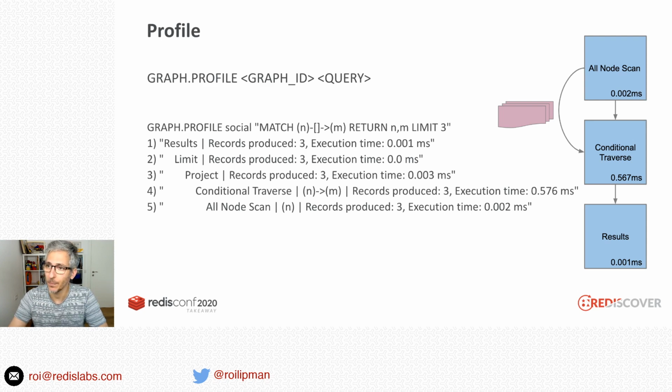In addition, operations use what we refer to as records to pass information from one operation to another. And so in addition to the amount of time each operation spent executing, each operation will tell you how many records it managed to produce and pass on.